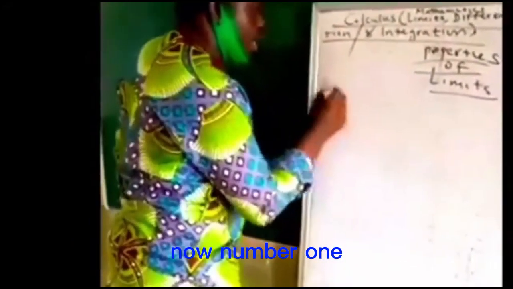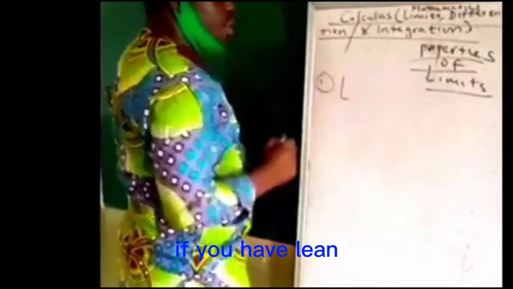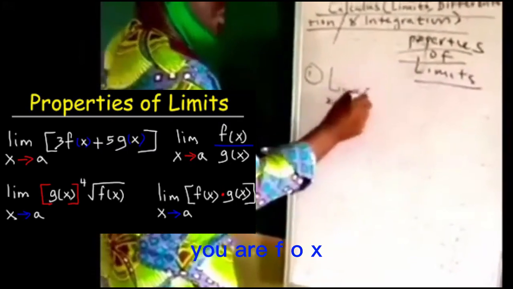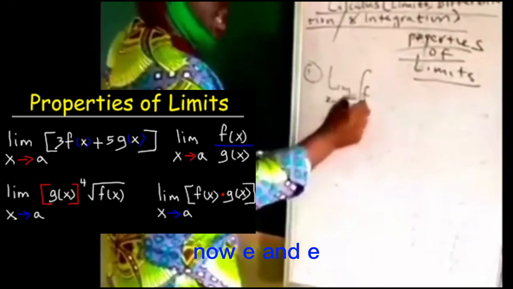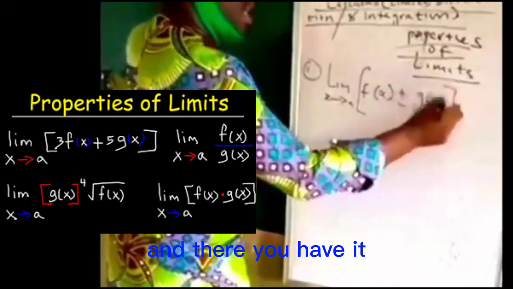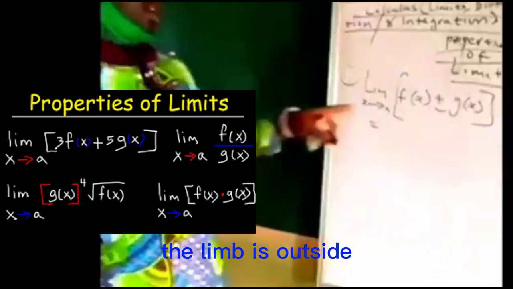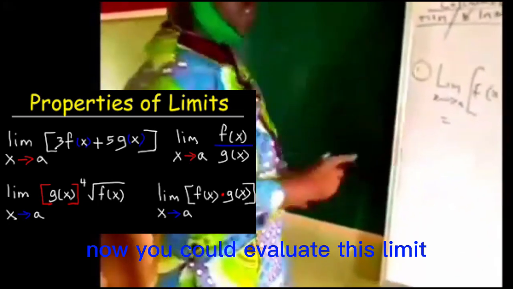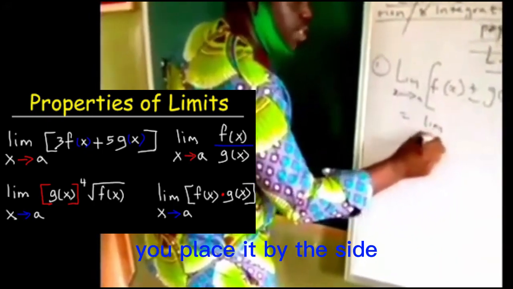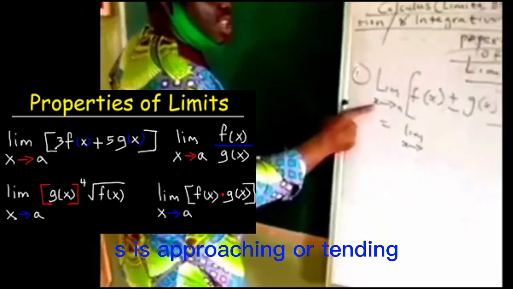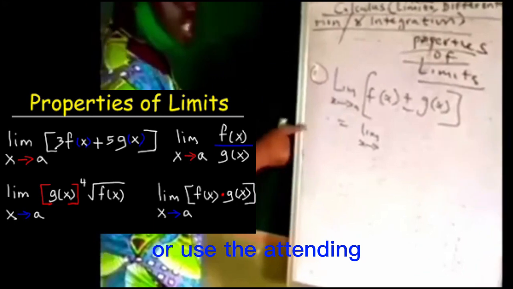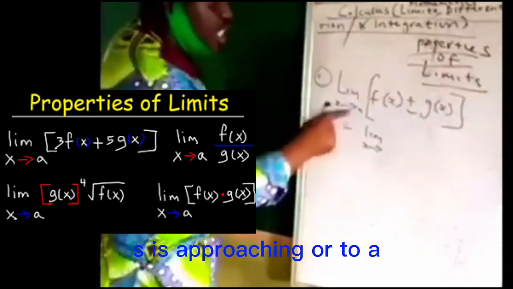Number one, if you have lim, we normally shorten it as lim, of f of x plus g of x, with the lim outside. You could evaluate this limit by placing the lim by the side, as x is approaching or tending to a.